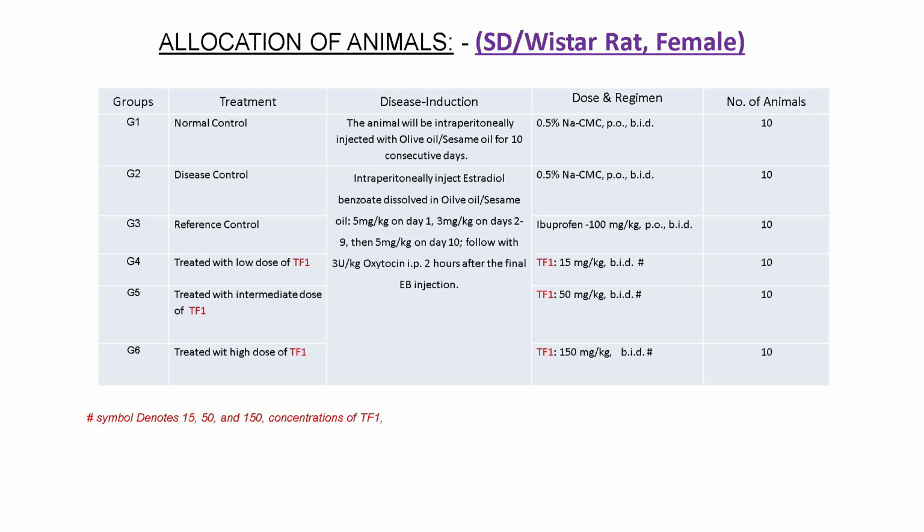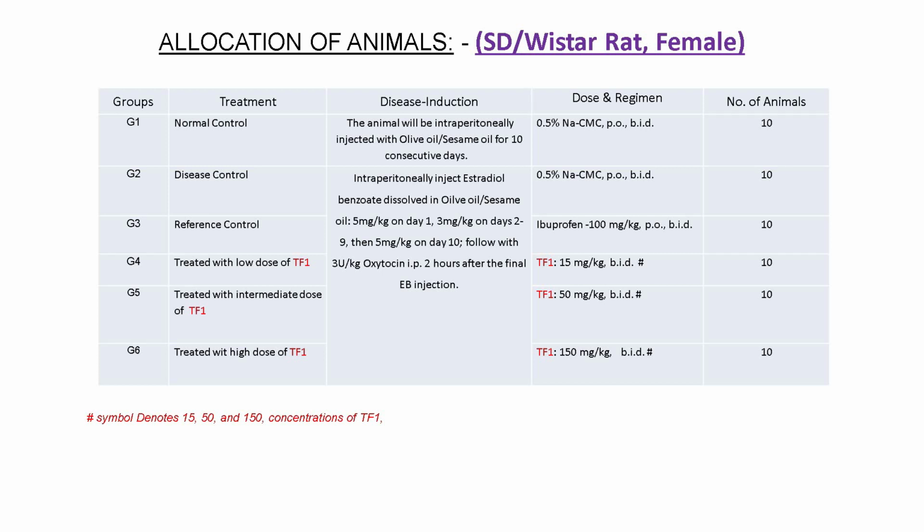So this was the disease induction which produces the dysmenorrhea, and the writhing effect we can check in that.